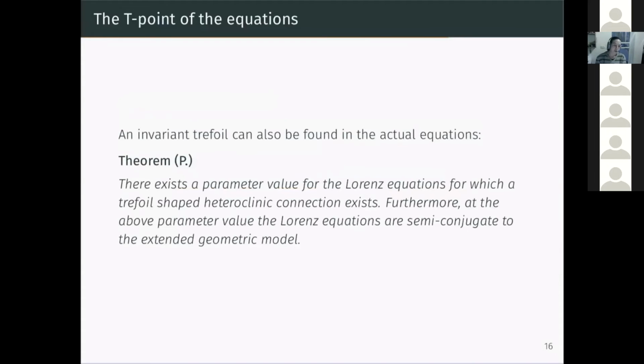Okay, so I'm going to claim I can find this kind of invariant trefoil, a heteroclinic connection that is a trefoil knot, for the original Lorentz equations. And at a parameter value where this trefoil exists, I claim that the Lorentz equations are, well, not orbit equivalent, but related to the geodesic flow, or to this extended new geometric model.